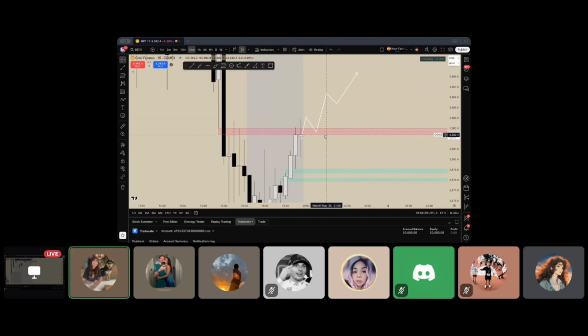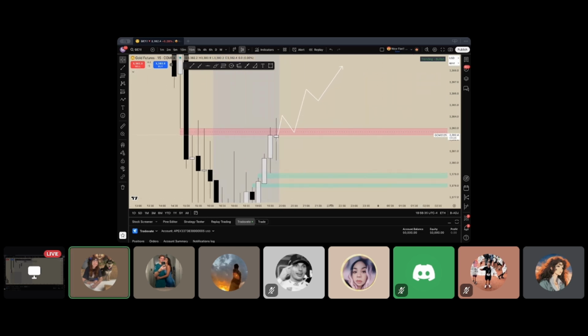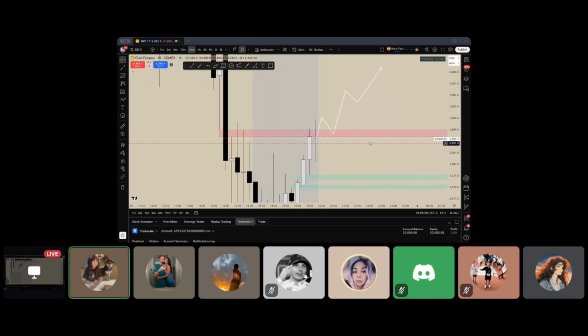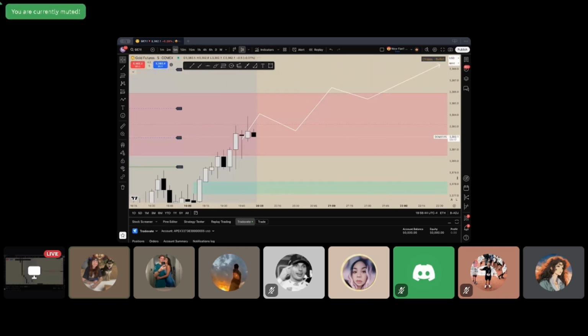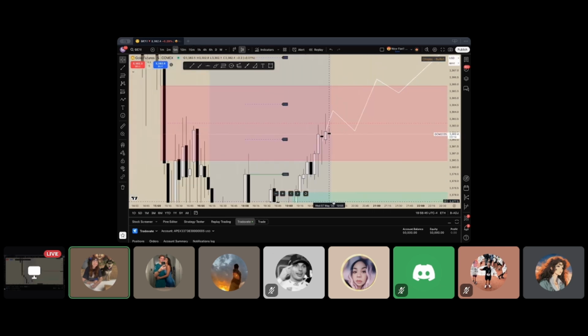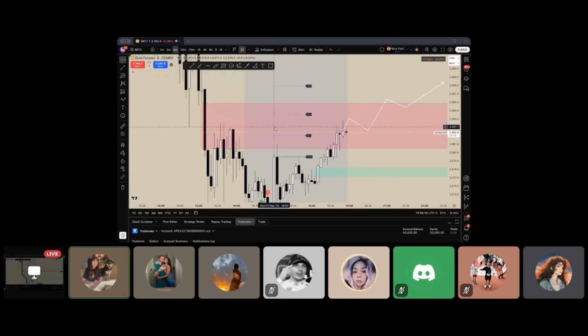As you can see, it literally just got wicked down right underneath of it. Personally, I don't even know what I would do in this. I'm not even going to say what I would do in this situation. But we can see we're going in here, and we're still inside that big one.